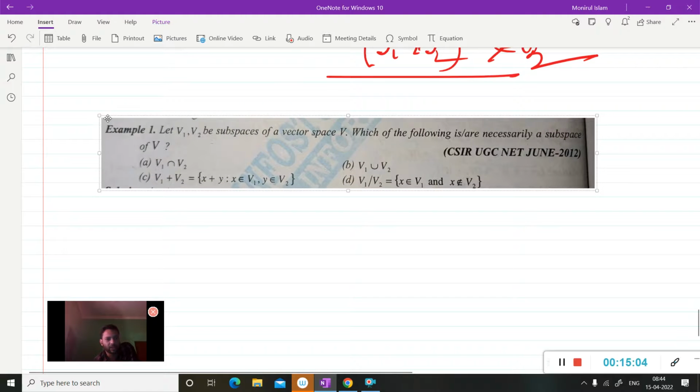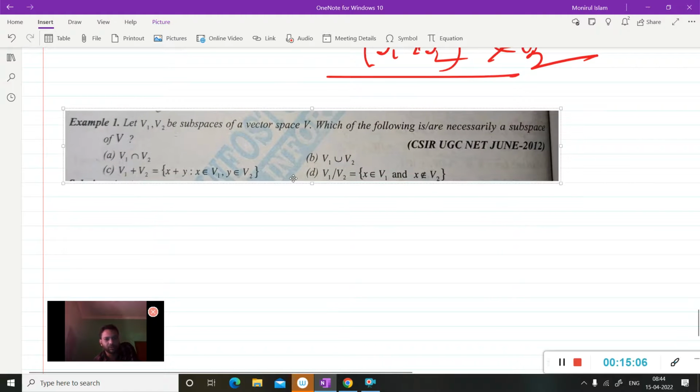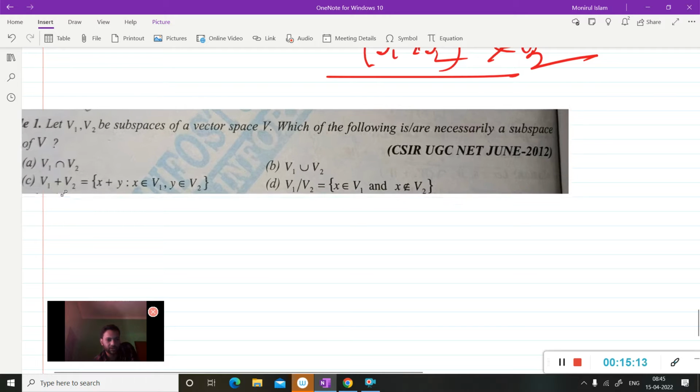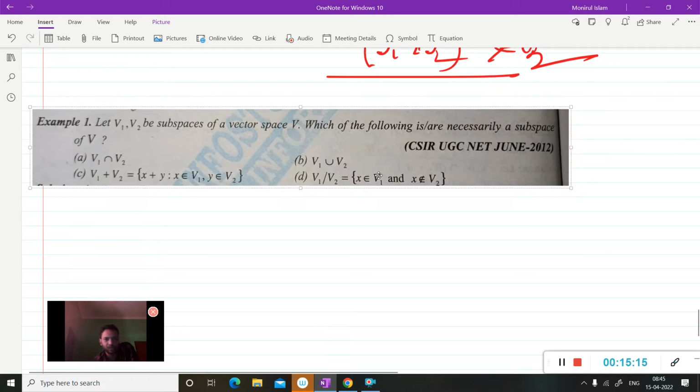In the previous video, due to a charger problem, the video was disconnected. So I am trying to prove today the parts that are left. I think I have done this; just the proofs of A and C are left. So I am doing the proof of A and C.